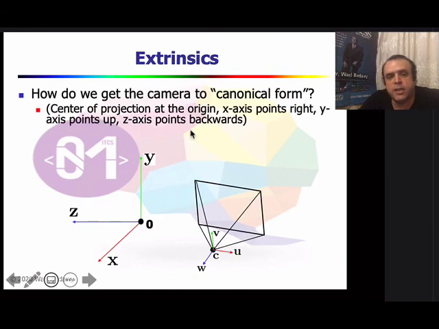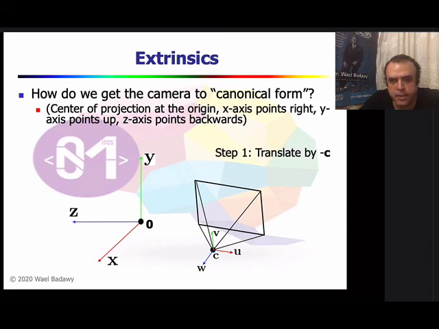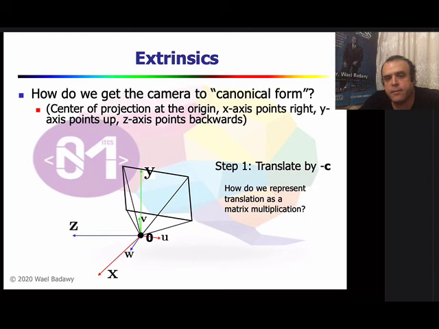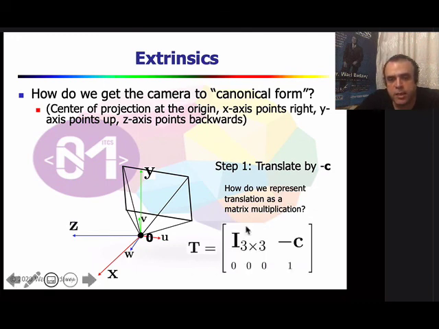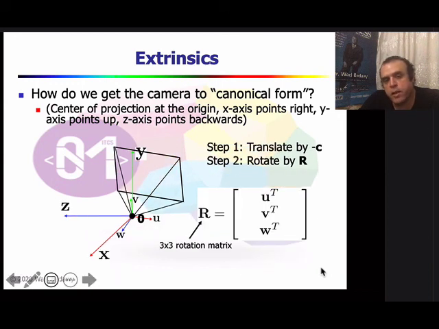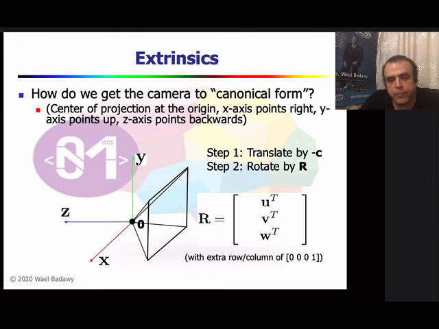You have the extrinsics, which is basically how we get the camera to a canonical form, the center of projection, and how we transform that by minus C. Then in step one we translate. How do we represent the translation by a matrix? It's basically a 3 by 3 matrix with minus C, and the matrix will be 4 by 4. Then step number 2 is we do the rotation, and here is the rotation matrix.